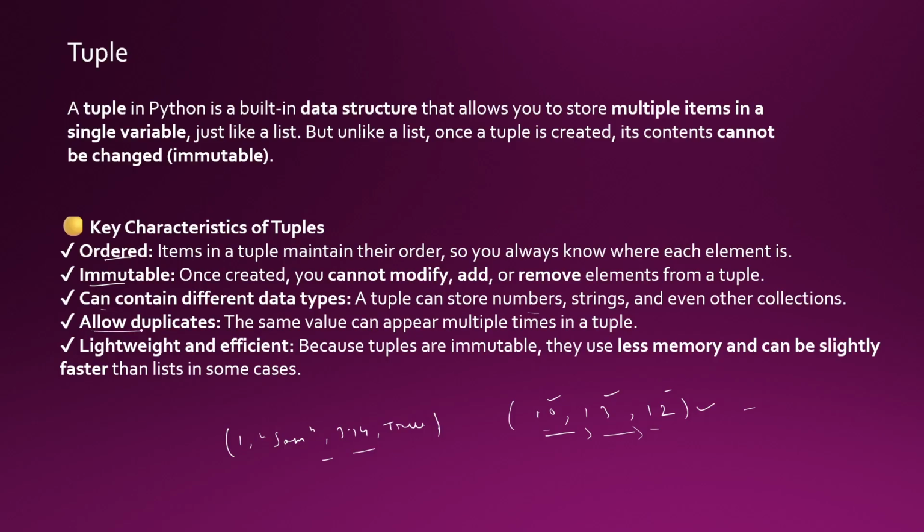Allow duplicates: we can also store duplicate values in our tuple. Lightweight and efficient: because tuples are immutable, they use less memory and can be slightly faster than lists in some cases. As we cannot modify any data, once our tuple is created it consumes less memory because it is completely immutable, and that is why sometimes tuples are quite faster than lists.